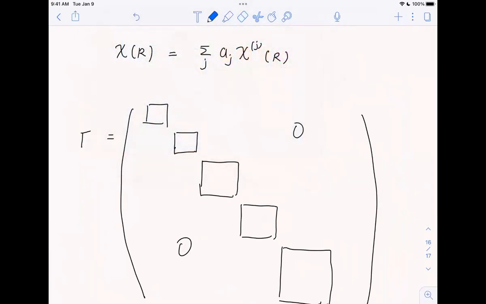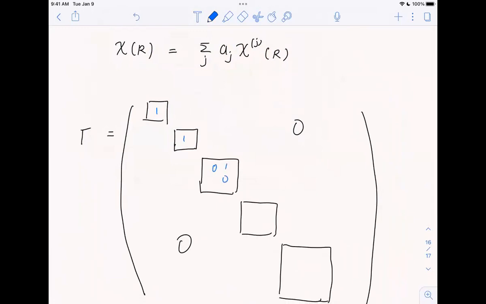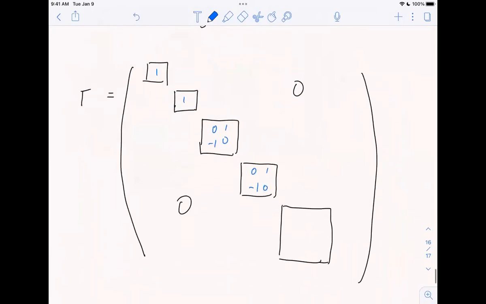Let's say this is 1, 1. Let's say this is 0, 0, 1, negative 1, 0, 0, 1, negative 1. And this one, whatever number, 1, 1, 1, 1, just an identity matrix. It doesn't matter. These are the block form.